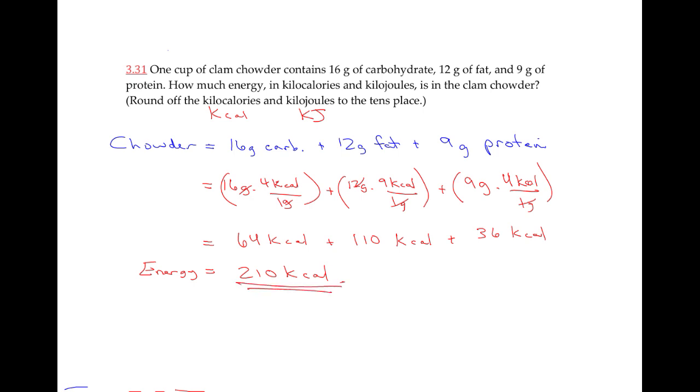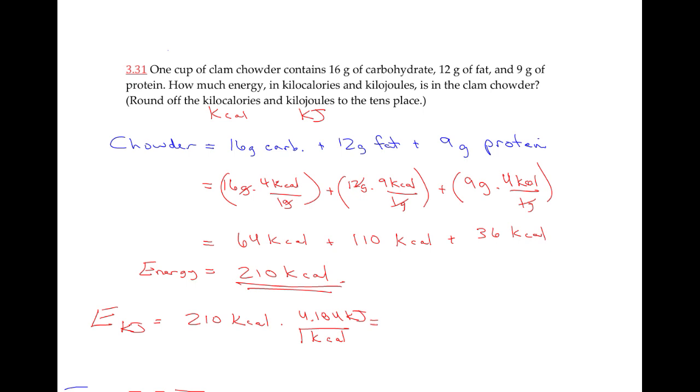And if you want to convert that to kilojoules, we can use the same conversion factor. So if we want to get the energy in kilojoules, we have 210 kilocalories, and in 1 kilocalorie we have 4.184 kilojoules.